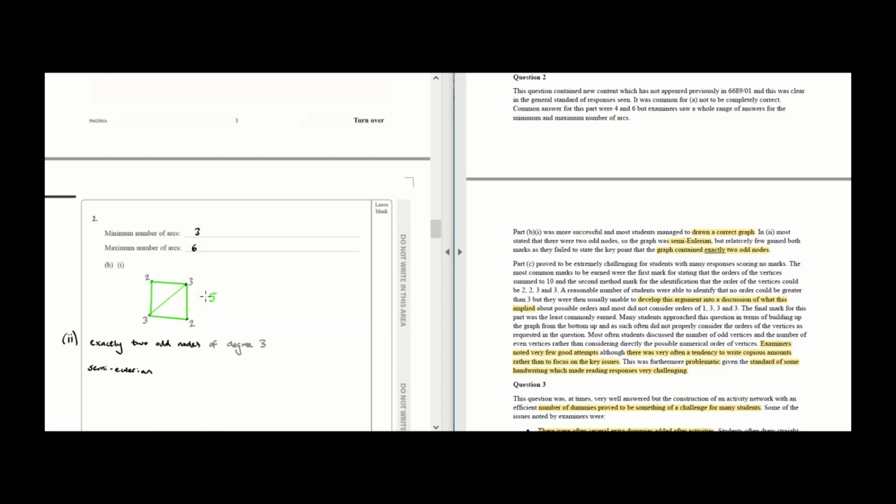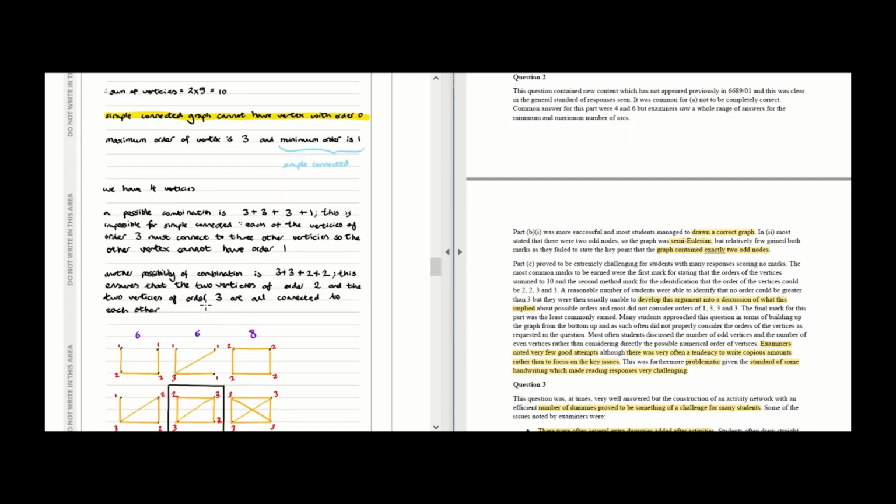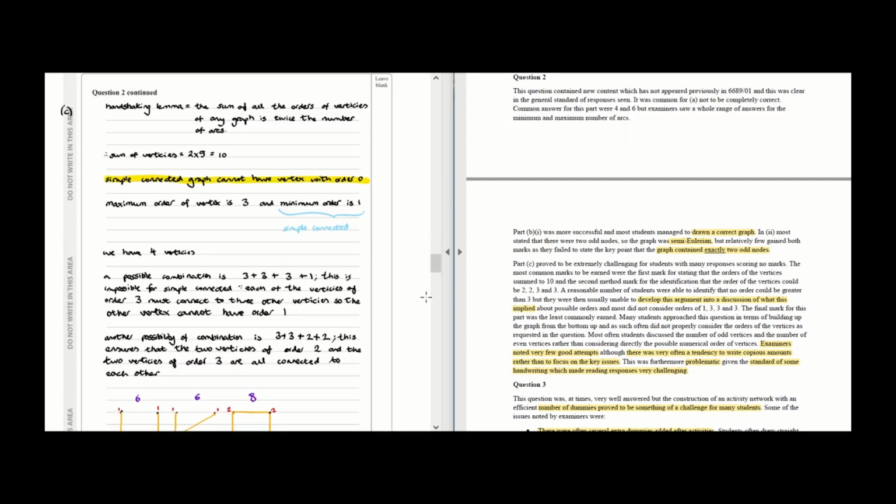Now to part C, in terms of part C, that was a bit more difficult mission. A lot of people, first of all, found this to be pretty challenging. Many did state that the sum of all the vertices should be 10, which is good.